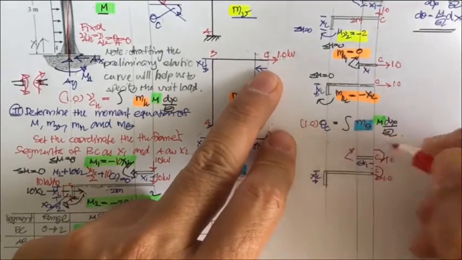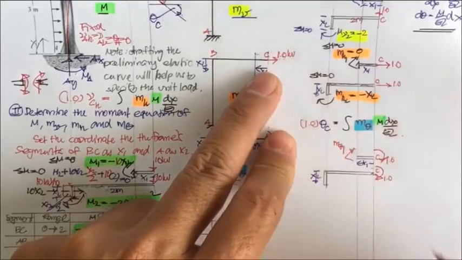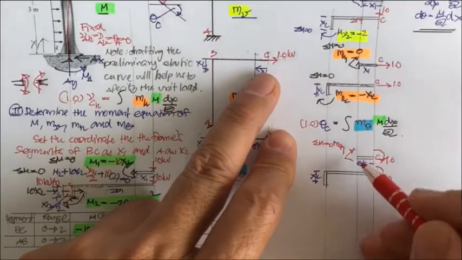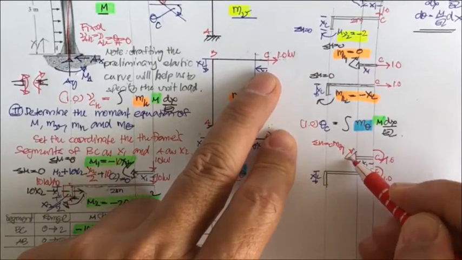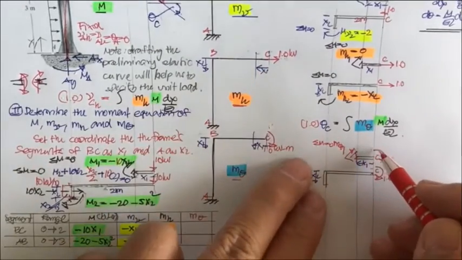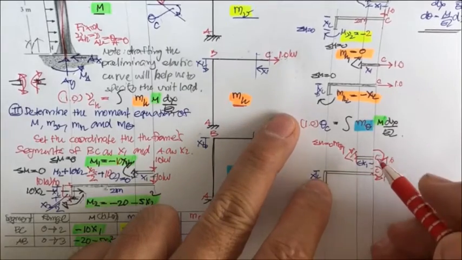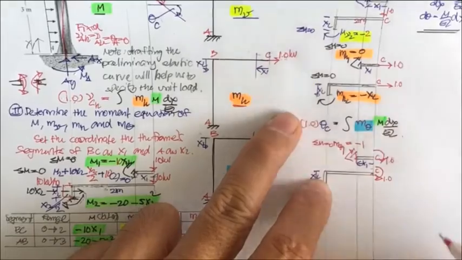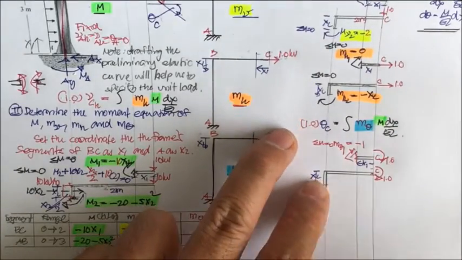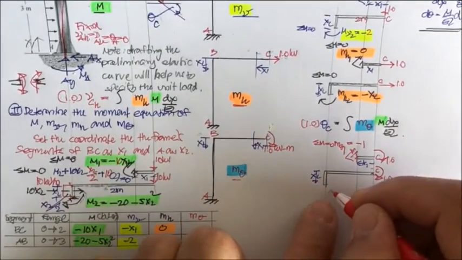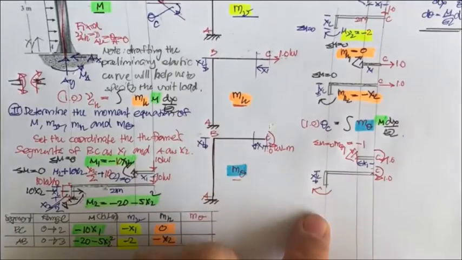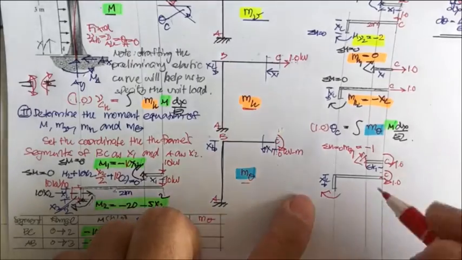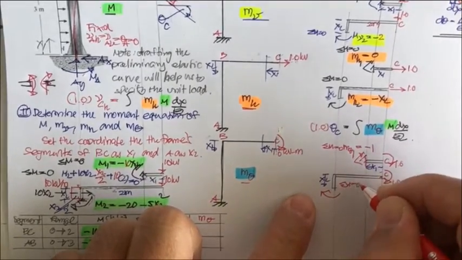So this is gonna be the m sub zeta 1, and summation of moment equal to 0. You take the moment here, this is going to rotate in the same direction. So this m sub zeta 1 is going to be minus 1.